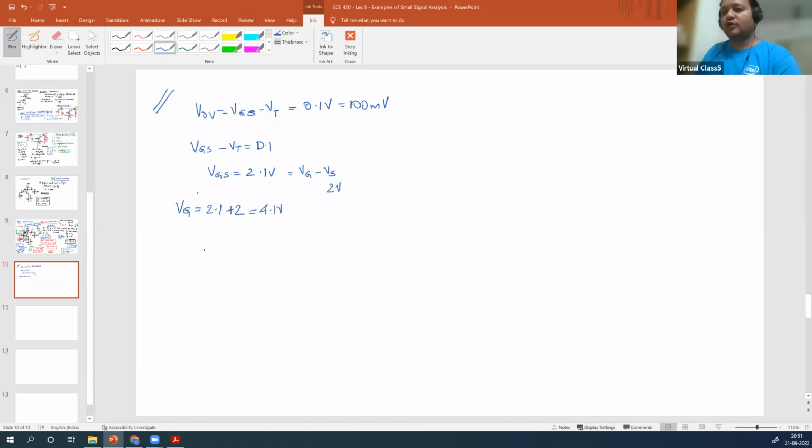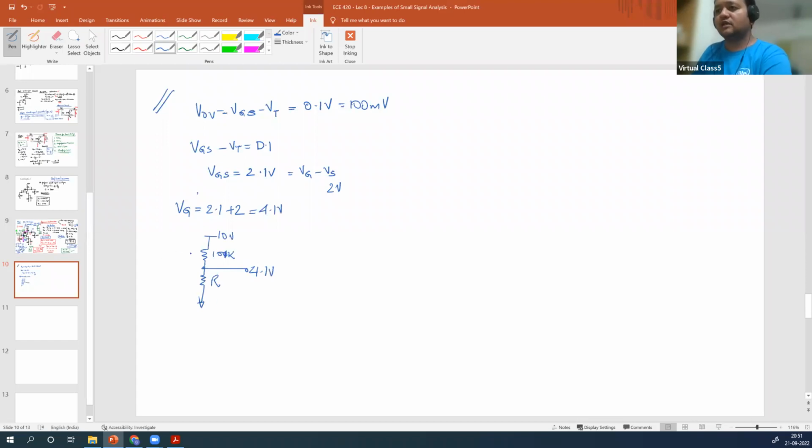Now, if you need 4.1 volt in that resistive divider, where this is 101K, 100 plus 1, 10 volt, this is R. You know that this voltage is 4.1 volt.